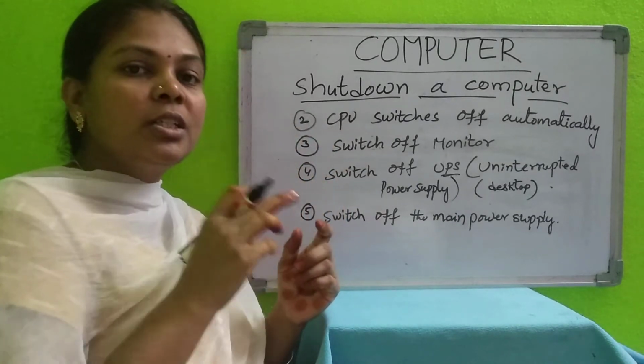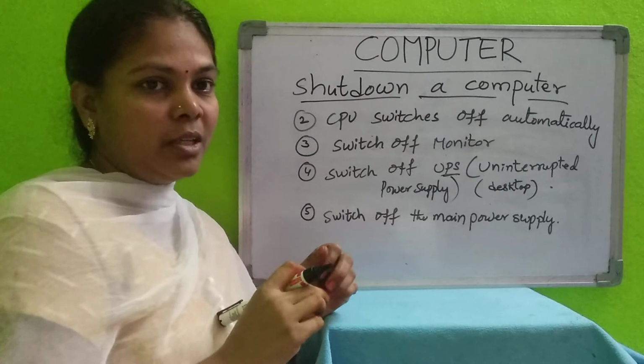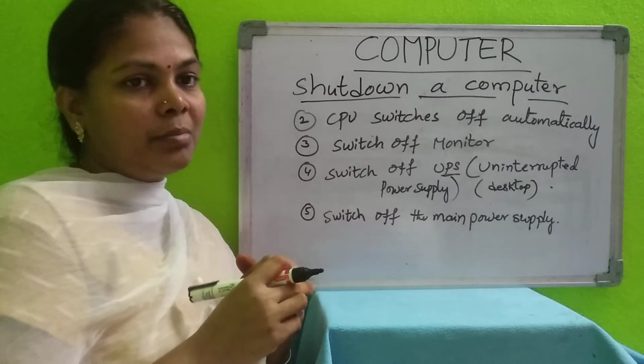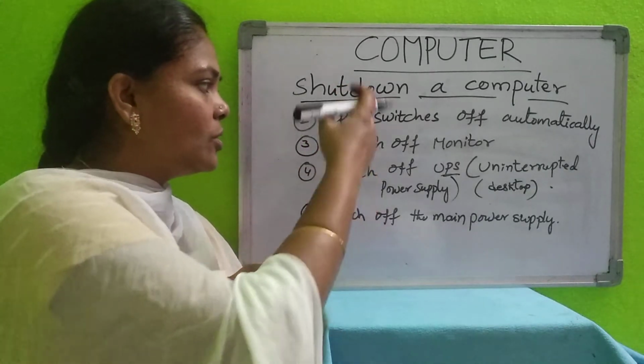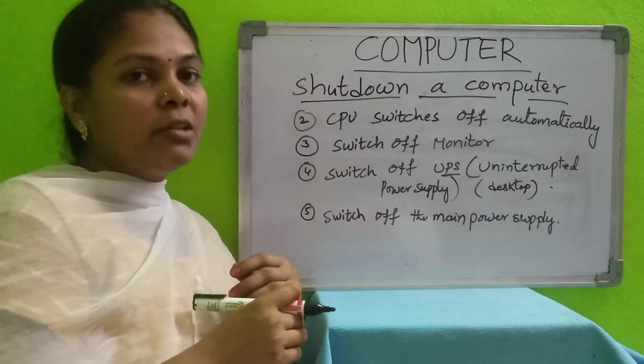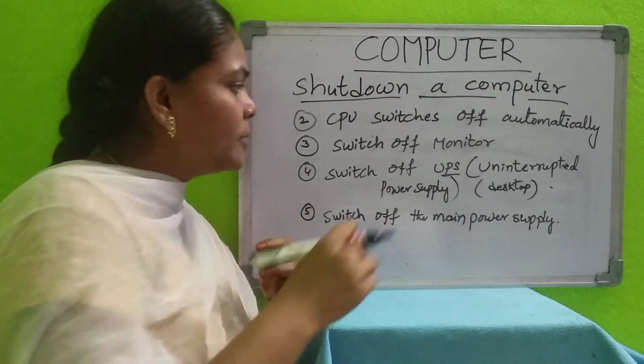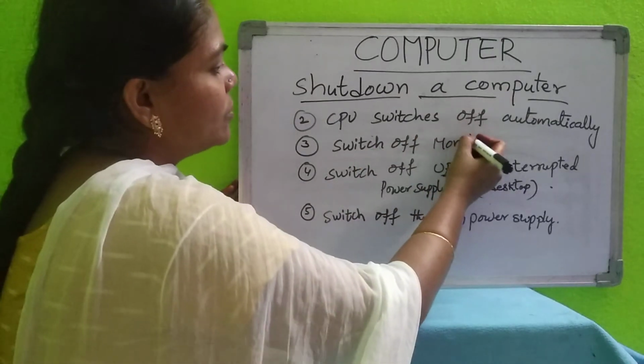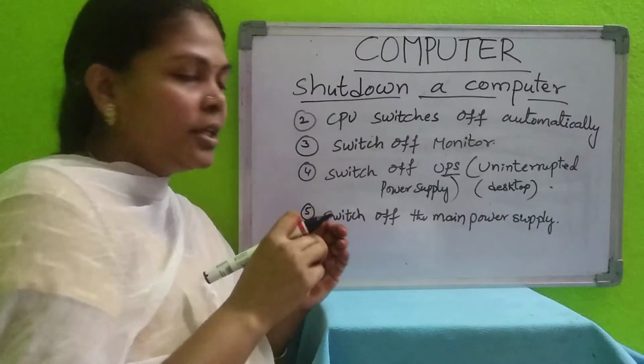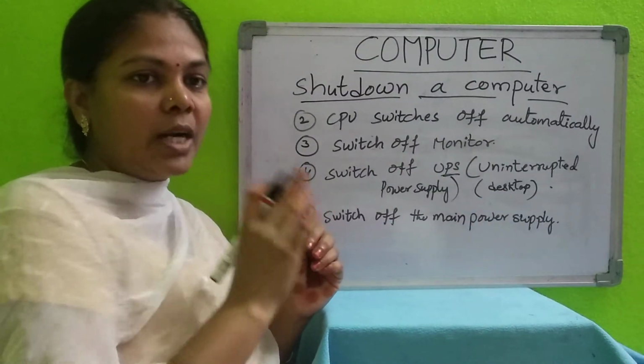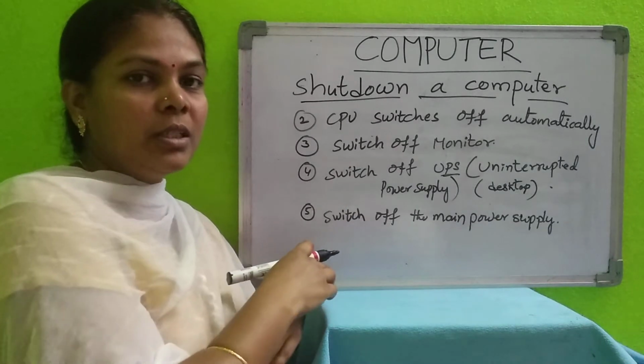Directly you should not switch off the main power supply. If you switch off the main power supply directly instead of following all these steps, your system may get damaged. So that's why you have to follow the steps to shut down the system.